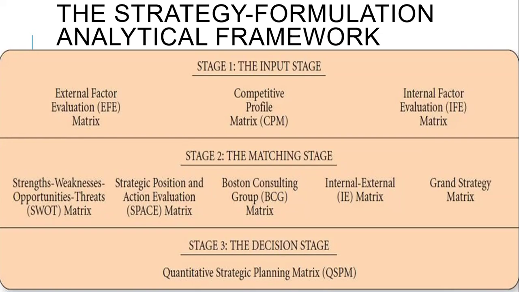The second stage is labeled as the matching stage, wherein an attempt is made to generate and evaluate strategic alternatives based on the information that was gathered at the first stage, which is the input stage. So having gathered a lot of information at the input stage, how do you make meaning out of it? And how does it inform the sort of strategy an organization should champion?